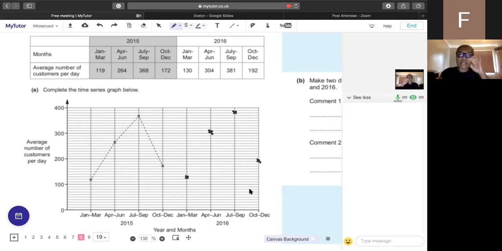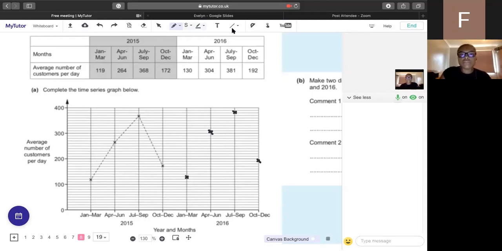Now in your exam, this is a past paper question, by the way, it's okay to not draw it perfectly, obviously, because the scales aren't going up in ones or twos. It's very difficult to accurately draw 304 or 381, but as long as you're very close to where it should be, you'll still get the mark.